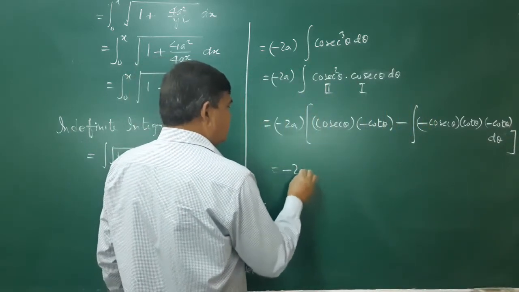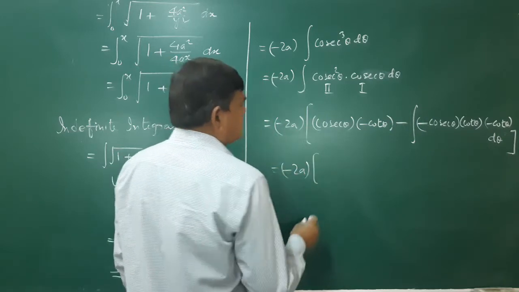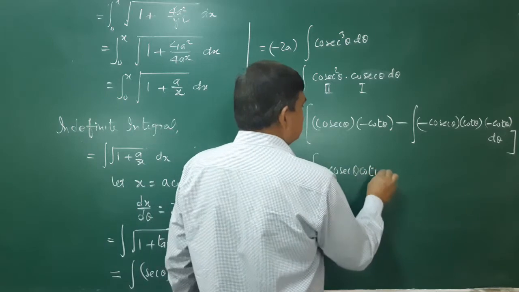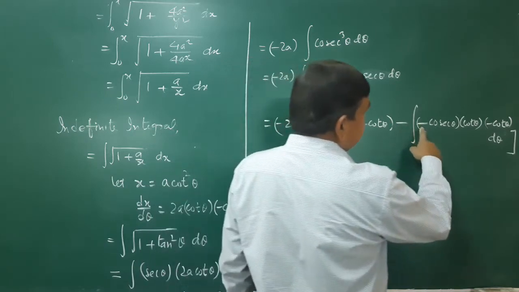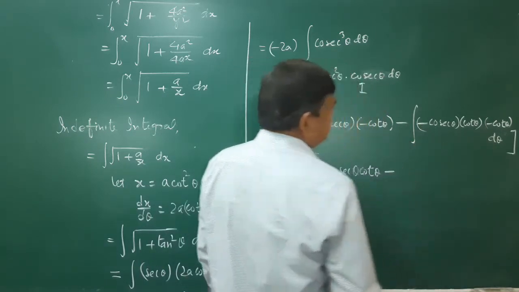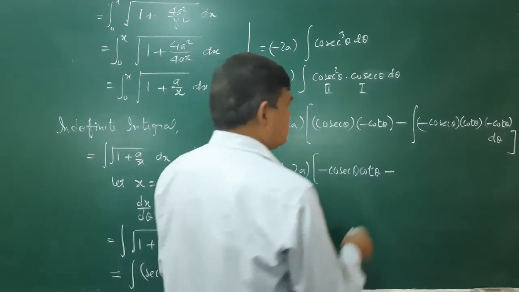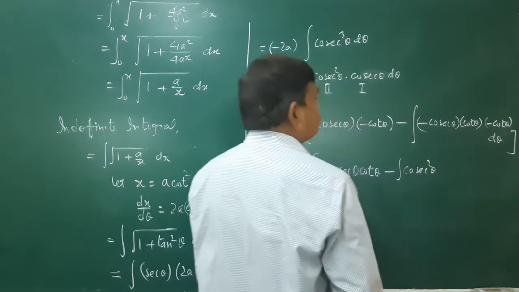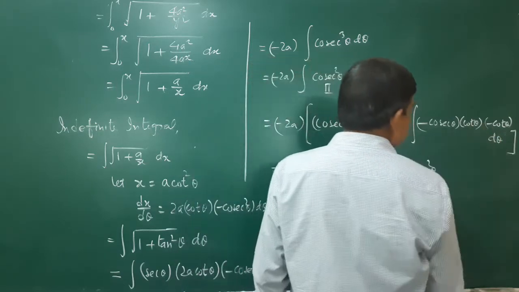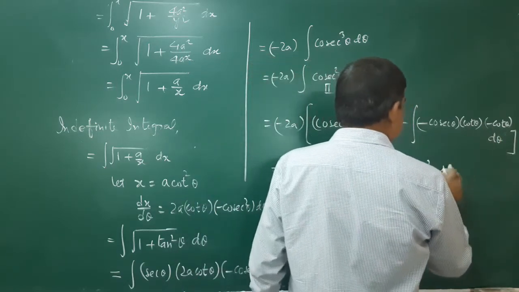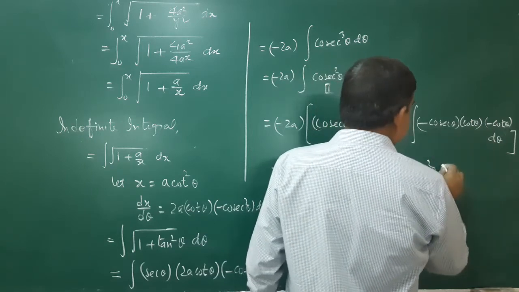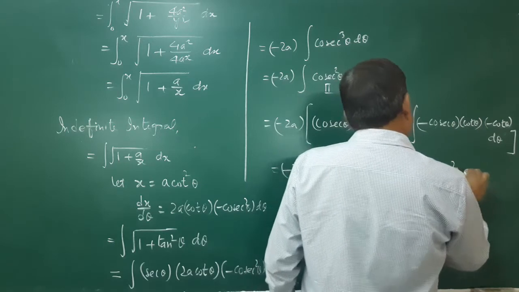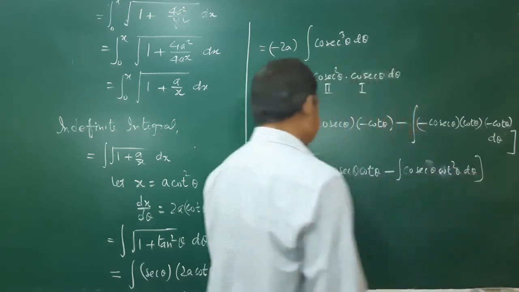This is minus 2a, minus cosec theta cot theta, minus minus plus and minus, it is cosec theta cot square theta d theta.